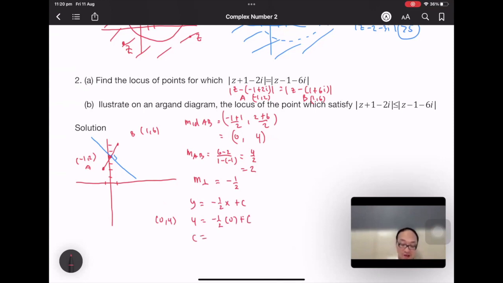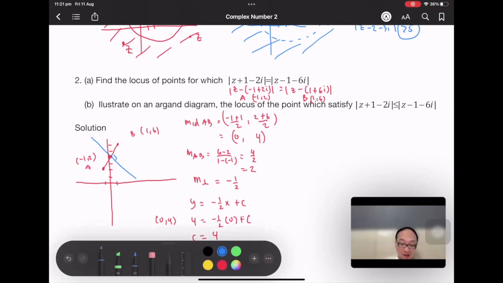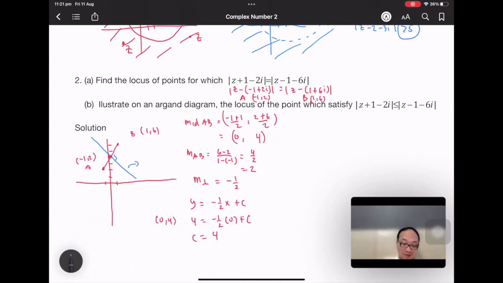So c equals 4. So the equation of the perpendicular will be y equals minus half x plus 4. So this will be the equation of the locus of the points that satisfy this complex equation.